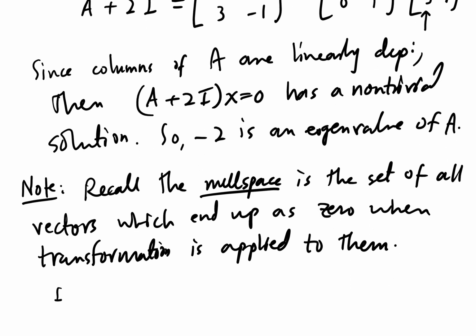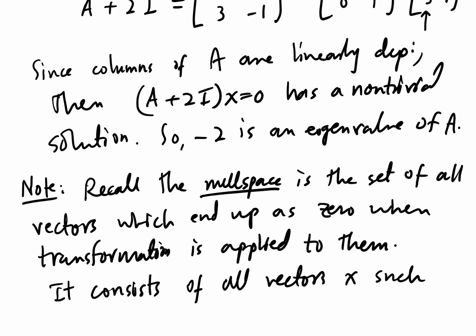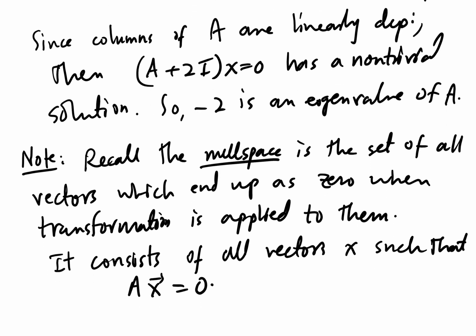In other words, the null space consists of all vectors x such that Ax equals 0. So this x cannot be 0.